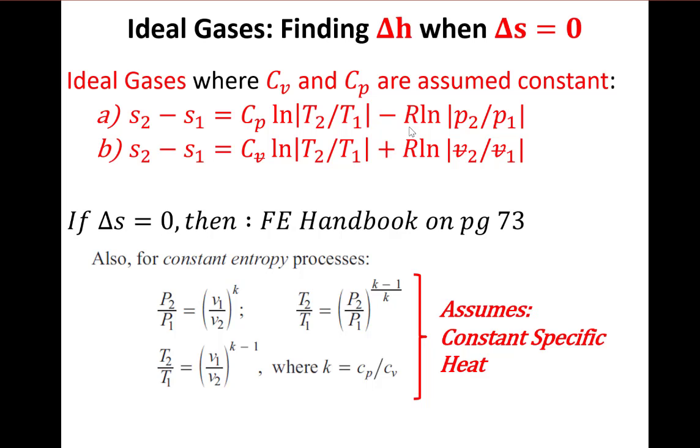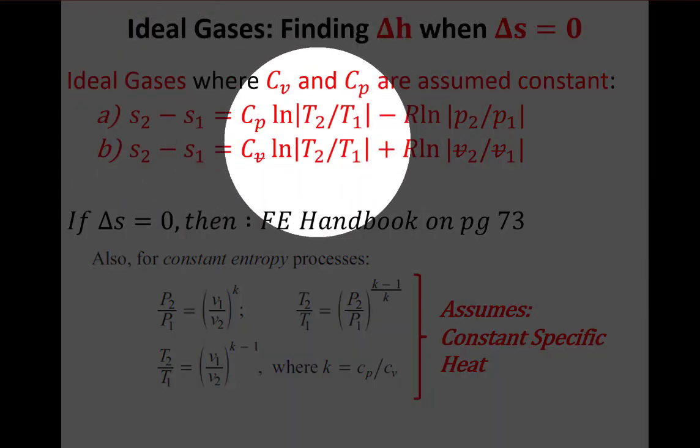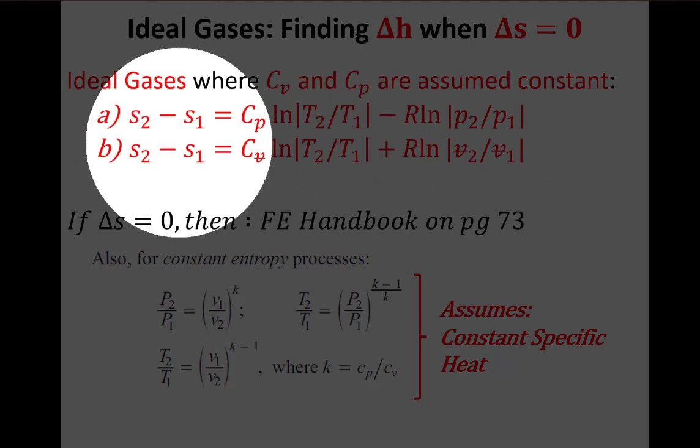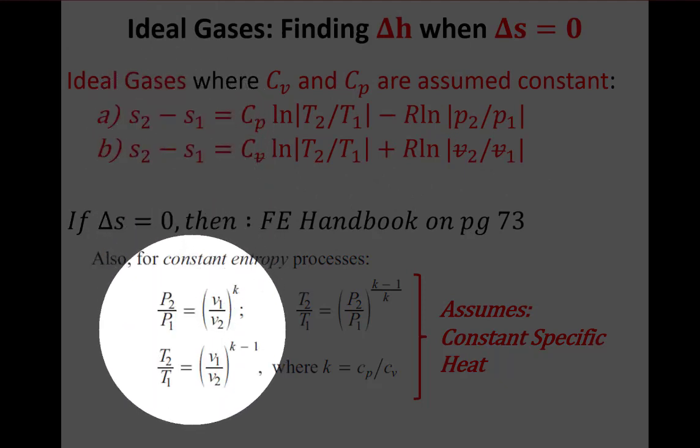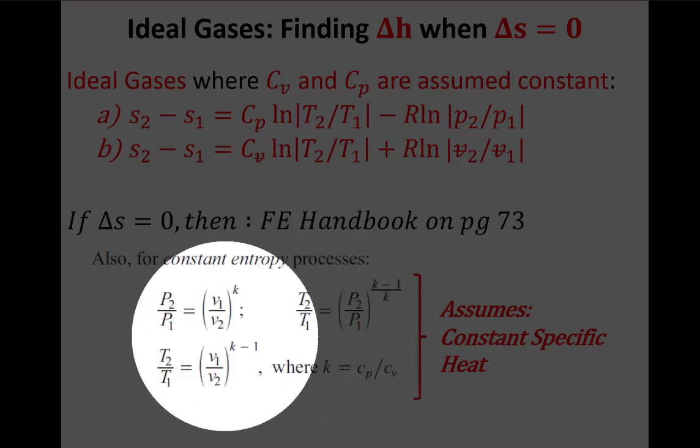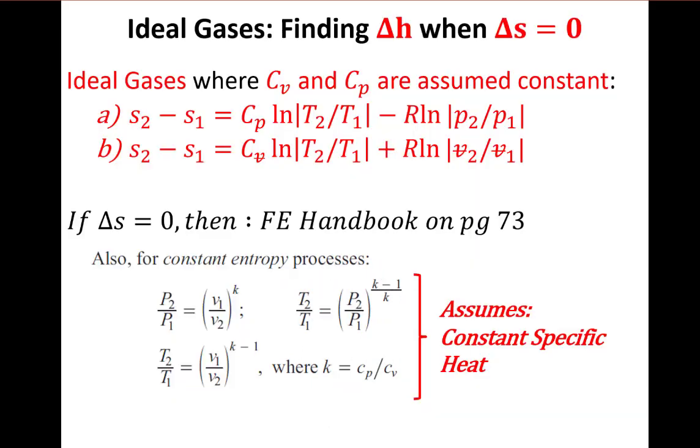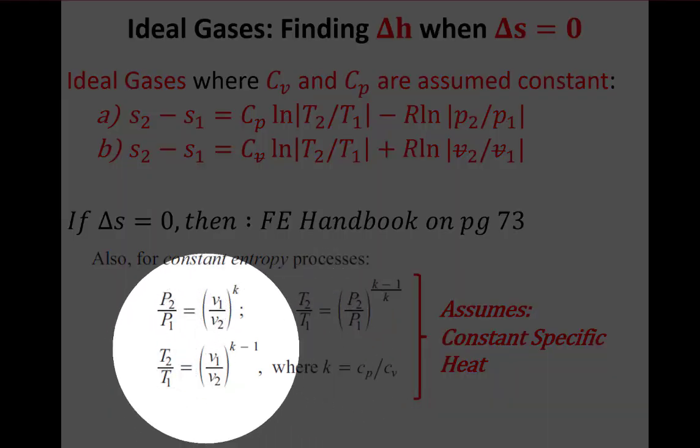So for ideal gases, if we say that it's constant specific heat, then we get these equations. Now, if it was constant specific heat and isentropic, then you could derive these equations, but you don't need to derive them. What you need to know is if you're talking about a process that's isentropic and your working fluid is an ideal gas, you're looking for an equation with K in the exponent.